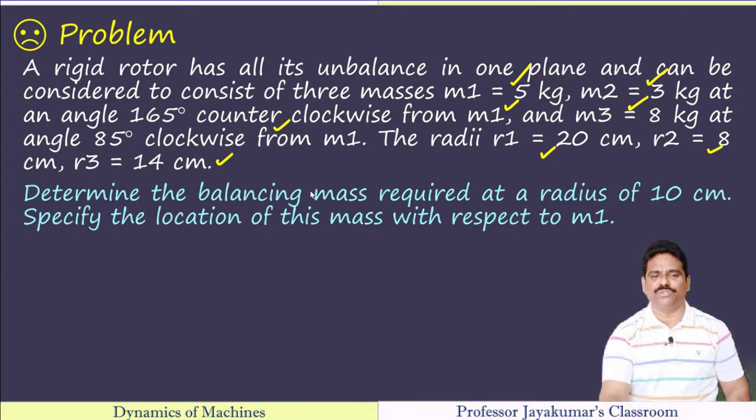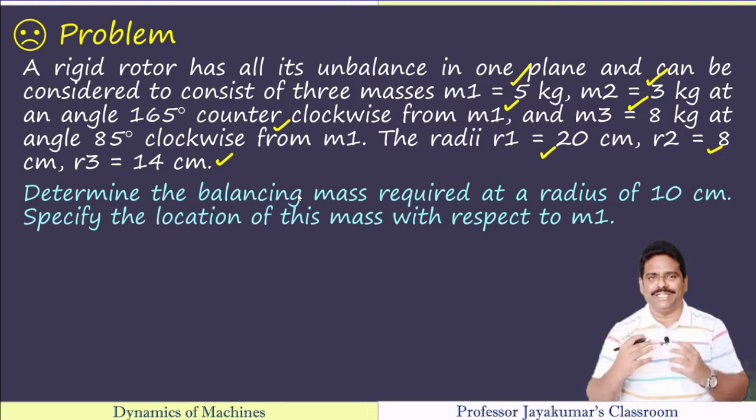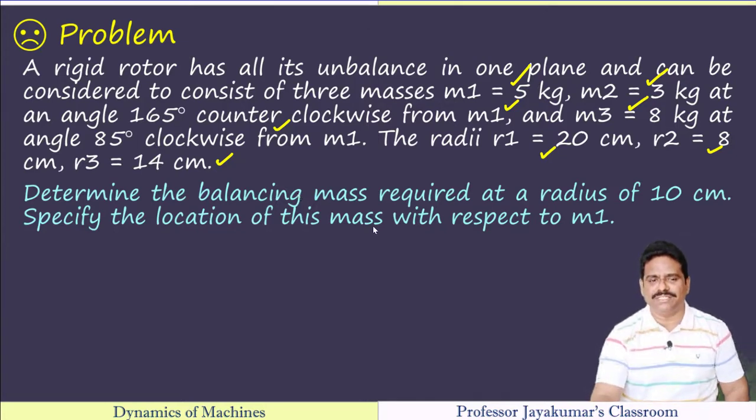So what are we supposed to determine? When these three rotors rotate, we need to check whether the system is in balance. If the system is not in balance, we need to balance it by adding a balancing mass. That's exactly what they are asking us to determine.